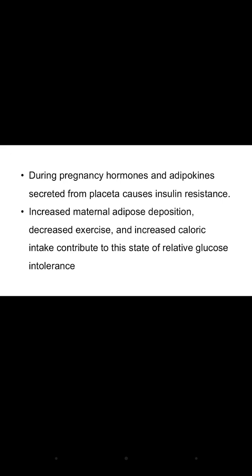This is one of the causes. Second, during pregnancy there is deposition of fat, decreased exercise, and increased calorie intake, and all this contributes to glucose intolerance, right? So that's why in gestational diabetes mellitus there are increased chances of insulin resistance and glucose intolerance leading to diabetes mellitus.